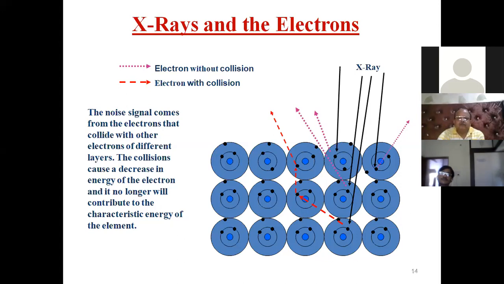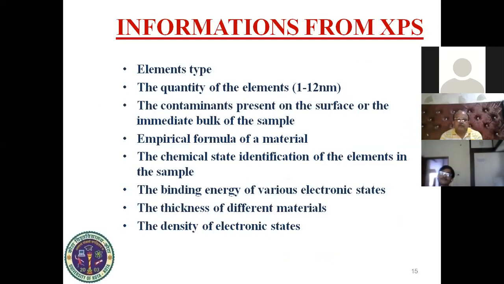Hence these electrons which come with collision with other electrons no longer contribute to the characteristics of the element. So these electrons are contributing to the noise in the XPS spectrum. That's why in the XPS spectrum, noise is continuously increasing, because these electrons increase in number as the number of X-ray photons incident on the surface of the sample increases.